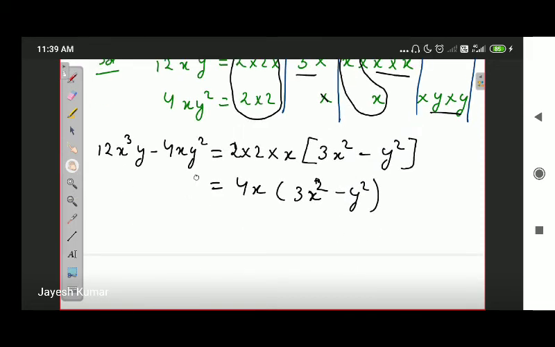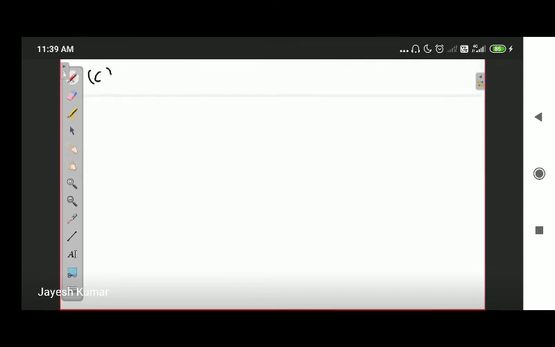Now let us do its C part. Oh, not C, D part. D is, we have to factorize a x square y plus b x y square plus c x y z. Once again we will write down its factors. A factor is something that we determine by finding out by what number should be multiplied to get the given number.